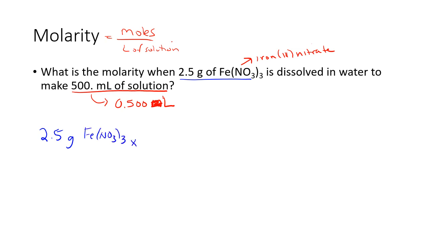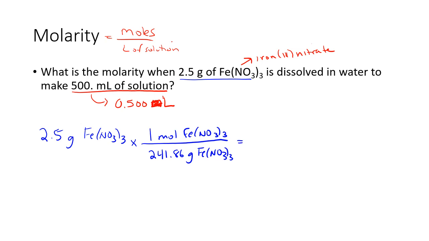The 2.5 grams of iron(III) nitrate, I would need to use a molar mass. I calculated the molar mass to save a little bit of time and found that 1 mole of iron(III) nitrate is 241.86 grams or so. If you get a slightly different number, don't worry, the sig figs will essentially work that out in the end.